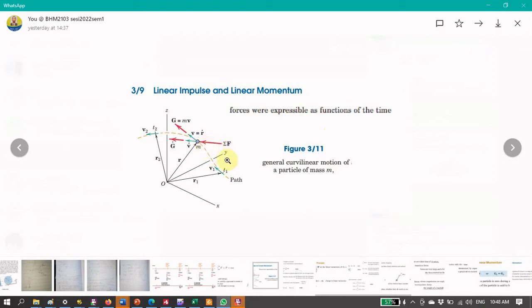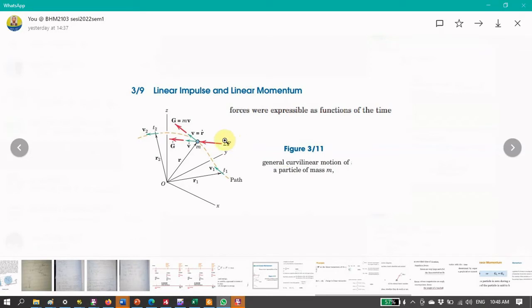And the figure here shows a curvilinear motion. Here we don't look at general plane motion or rotation, that includes rotation in it. When we consider impulse and momentum, we are looking at cases where the force is a function of time.